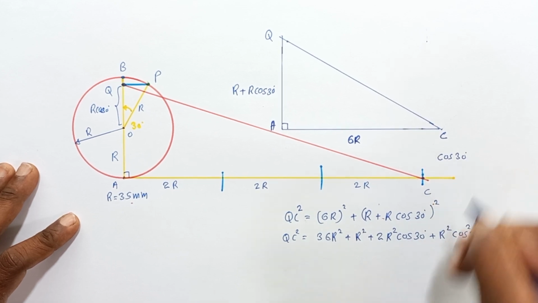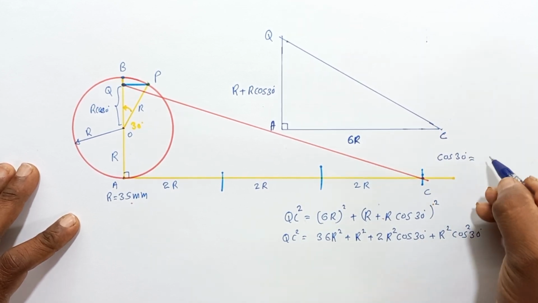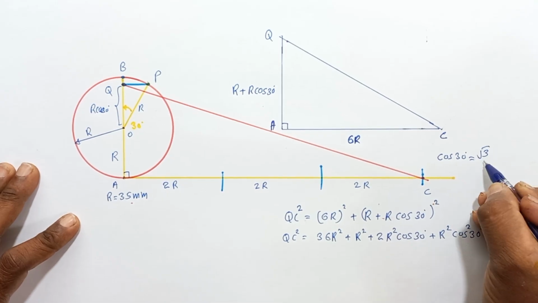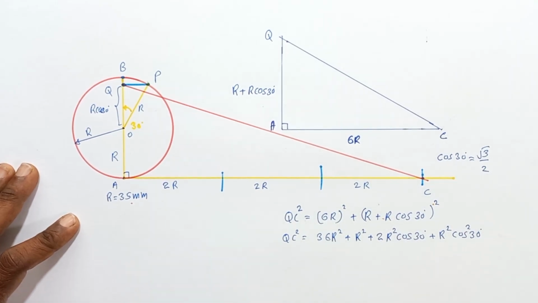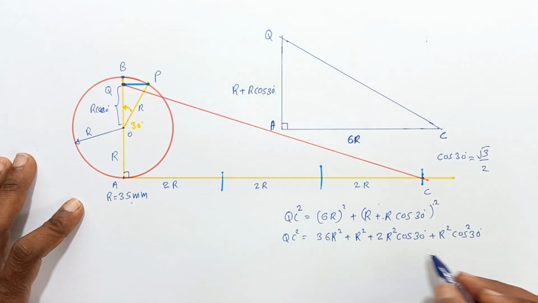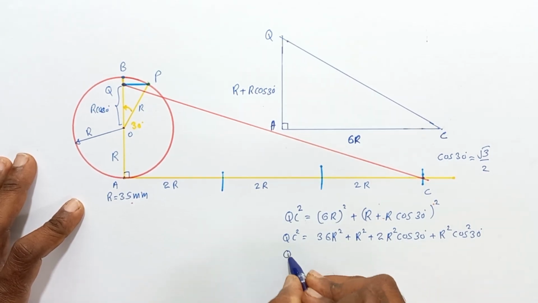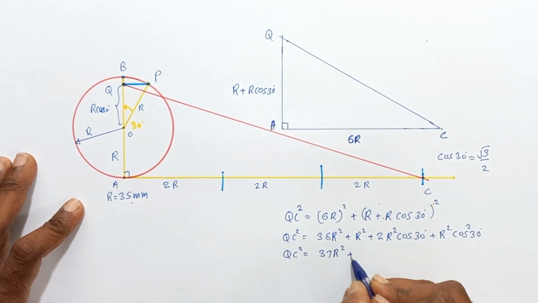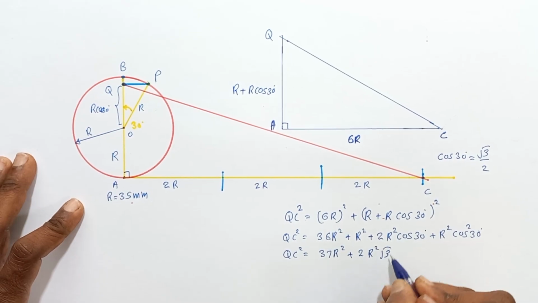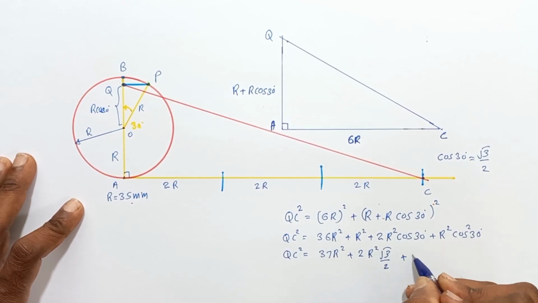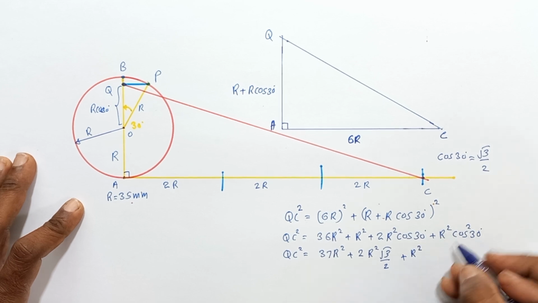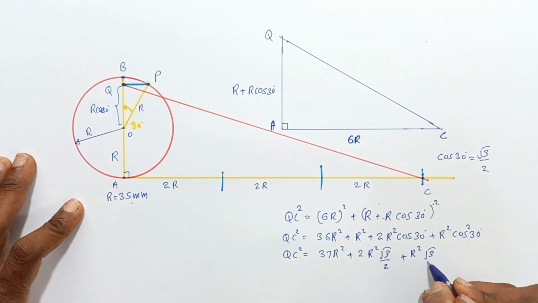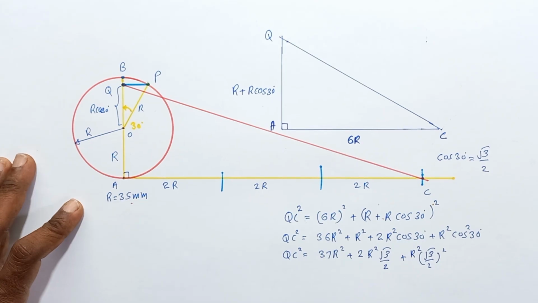You all know cos 30 degrees is equal to square root of 3 divided by 2. So I am going to substitute that value here. QC square is equal to 37 r square plus 2 r square into square root of 3 divided by 2, plus r square into square root of 3 divided by 2, squared.